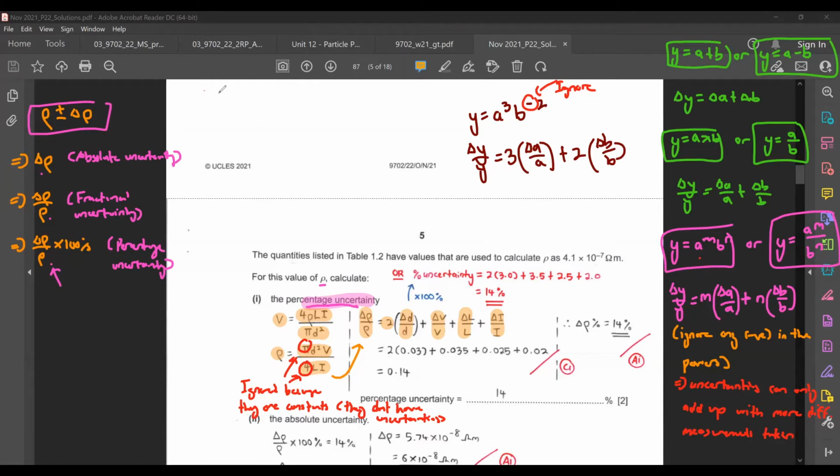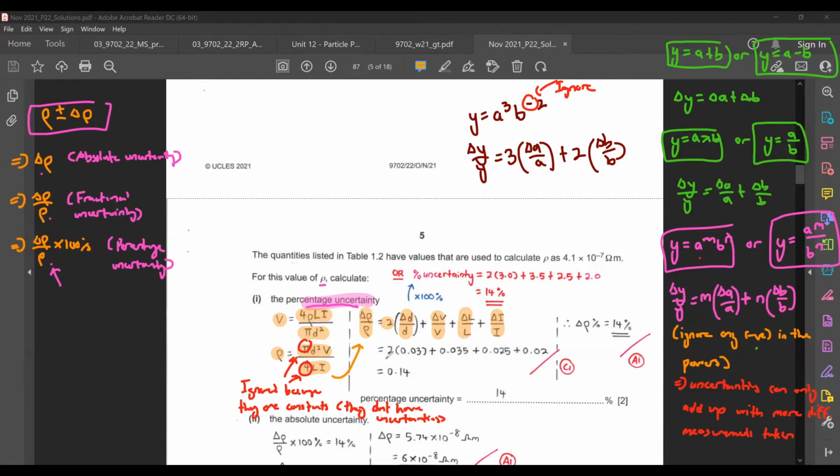They by right will not subtract. You will not have a negative sign. If you have a negative sign, that means that the more things you measure, the fewer errors you have. That does not make sense, because if let's say you measure 3 different things to get a final value, each of those 3 different things has its own errors. They are only going to add up to your final value. Okay, so they must never be subtracted, only added up. That's why ignore any negative sign.